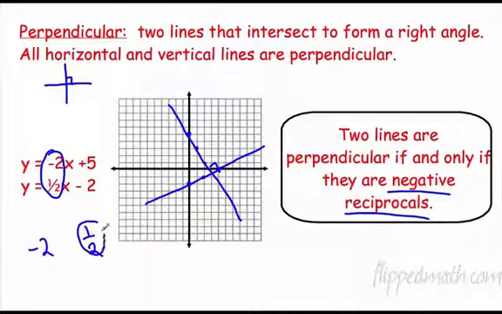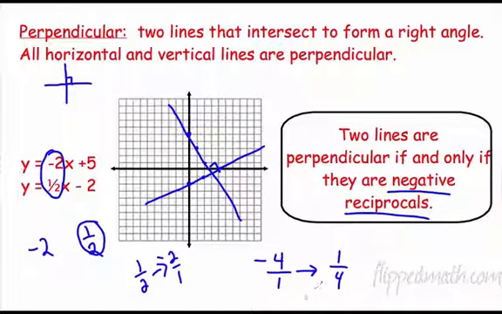So I have a fraction, 1/2, and I flip it, and it becomes 2 over 1. That's the reciprocal. Now, do I ever write 2 over 1? No, it's just 2, right? And the negative part means if it was positive, now it's going to be negative. So if I had negative 4, that's the same thing as negative 4 over 1. The negative reciprocal is going to be flip it, 1 over 4, and it was negative, now it's positive.